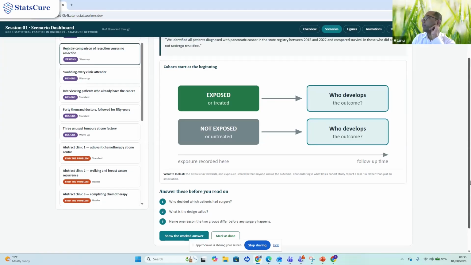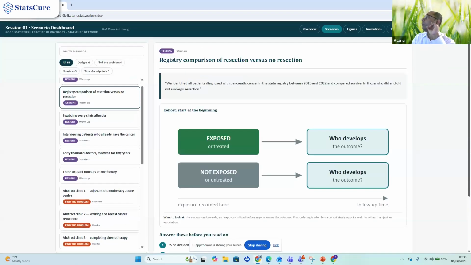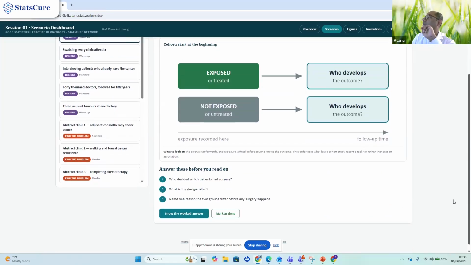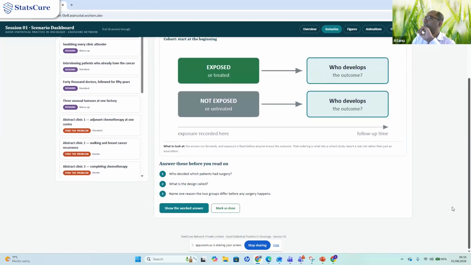Let's go again to the point. We identify all patients diagnosed with pancreatic cancer in the state registry and compared survival of those who did and did not undergo resection or surgery. So, who decided which patient had surgery? Are you going to decide whether the patient would have surgery in this study or not? That is the first question.